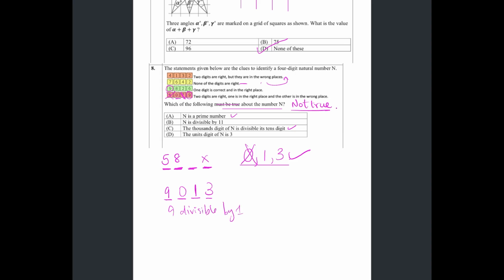And its units digit is 3. So the option that is not correct is that it's divisible by 11. It's not divisible by 11. The alternating sum gives us 9 plus 1 minus 3, which is 7. So the only incorrect option is option B.